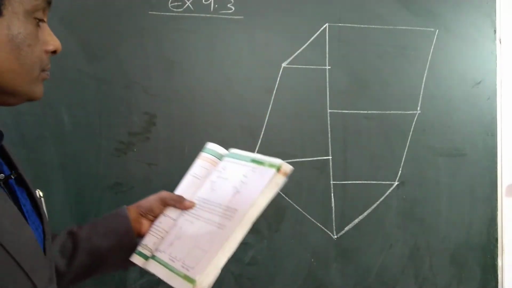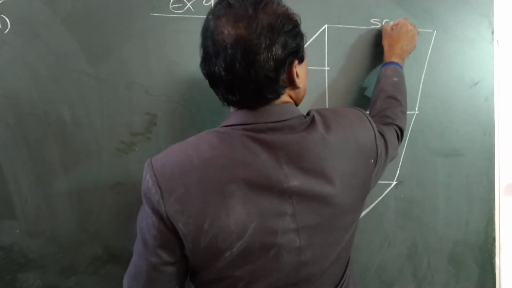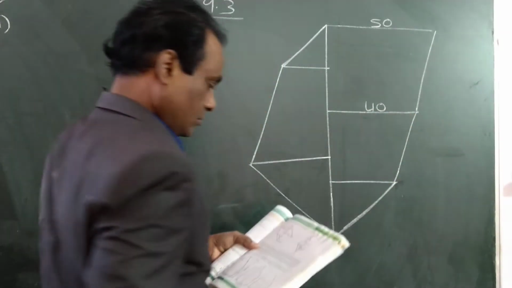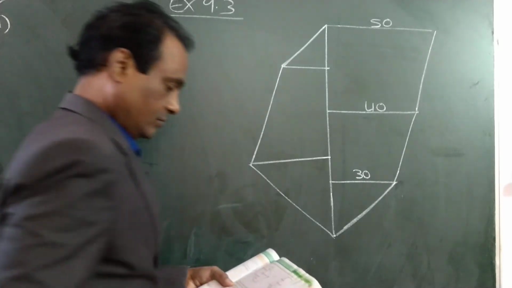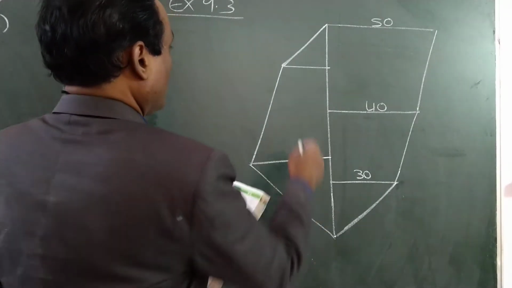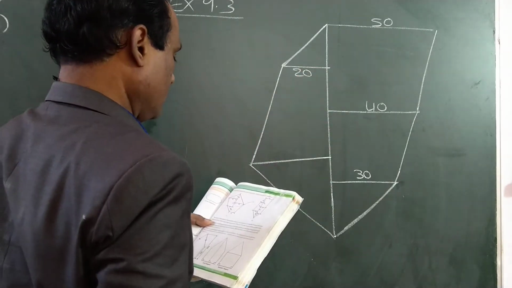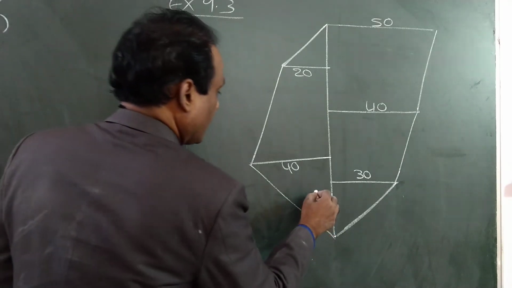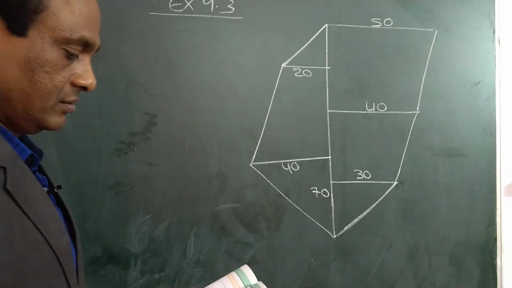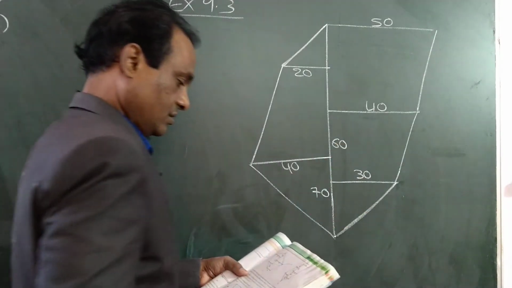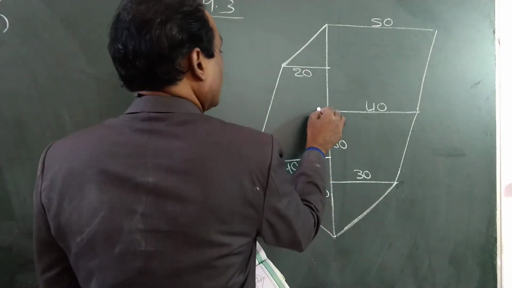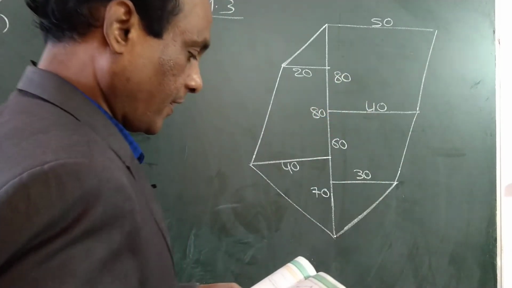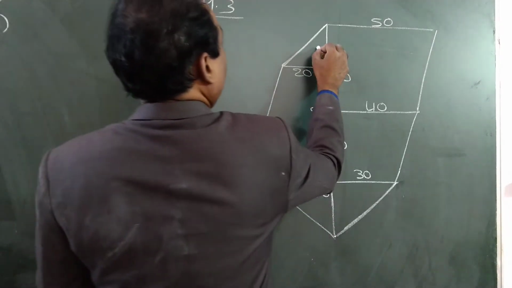See students, this is the diagram. I am writing the dimensions: 50, 40, 30, 20, 40, this is 70, this is 60, this is 80, this is 80, this is 40.